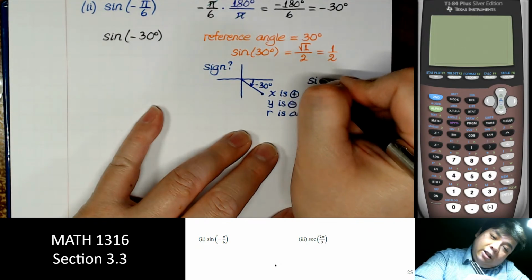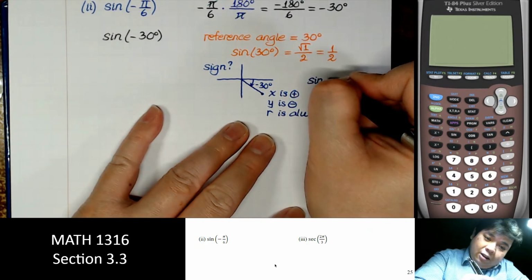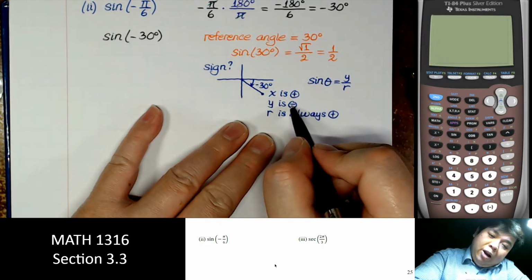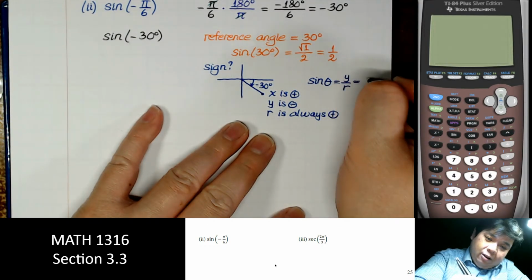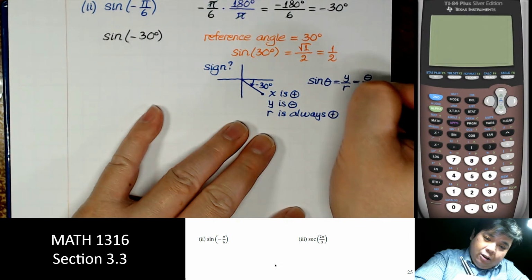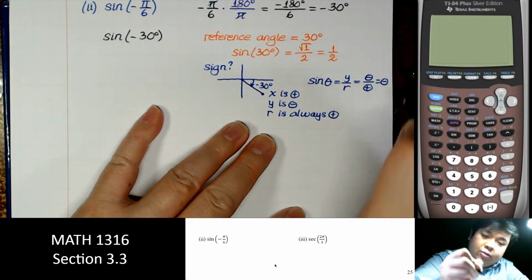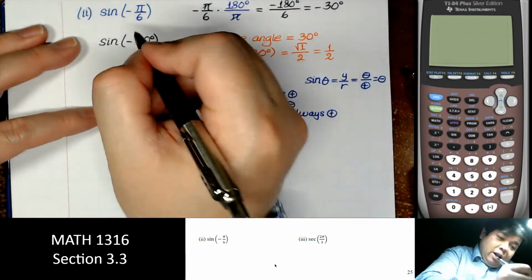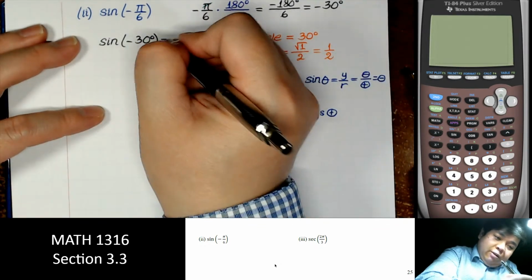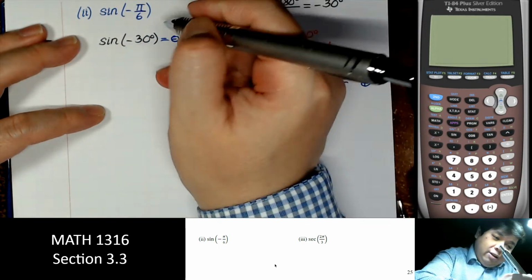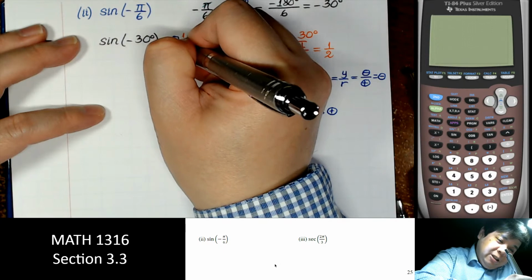And sine is y over r. Negative divided by positive is negative. So the answer is negative 1/2.